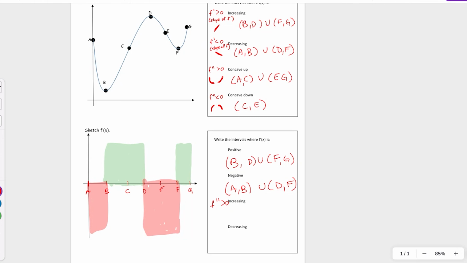So that means the first derivative will be increasing in the same intervals where the function is concave up. So in between a and c and e and g, f prime should have a positive slope.